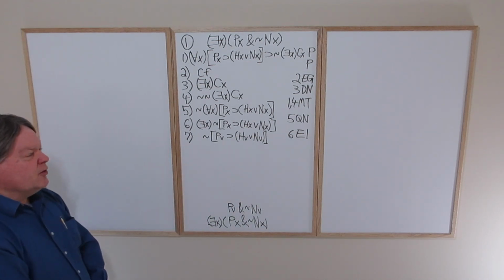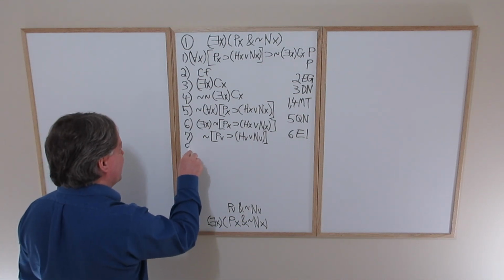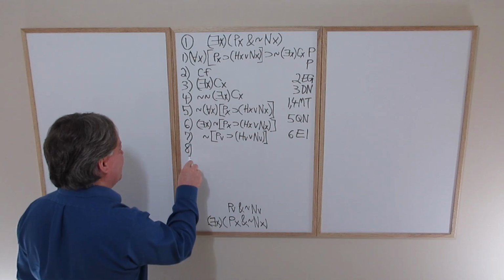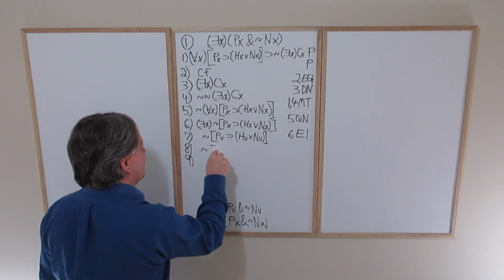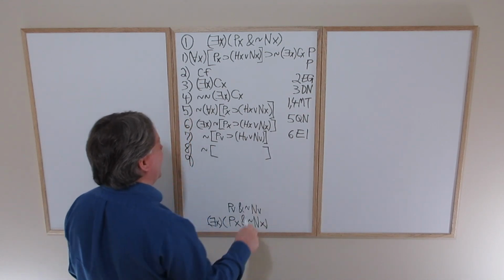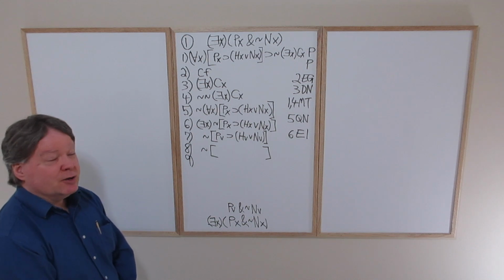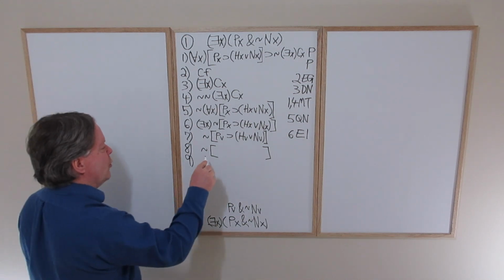So in line 7 we've got a negated conditional. I hope you remember the two-step process for dealing with negated conditionals. First we do an implication on the stuff inside the brackets to make that conditional a disjunction. Then we do De Morgan's.